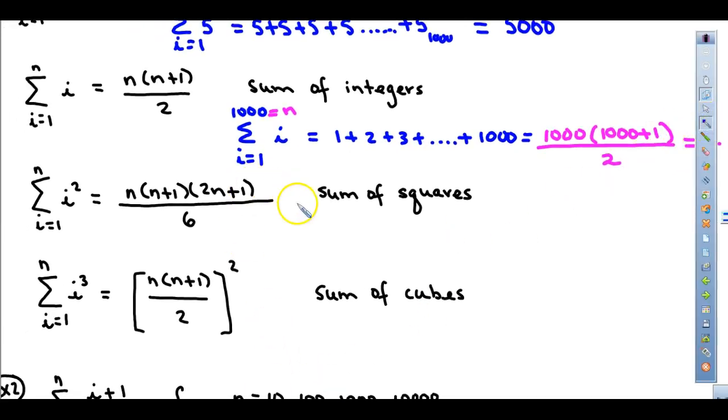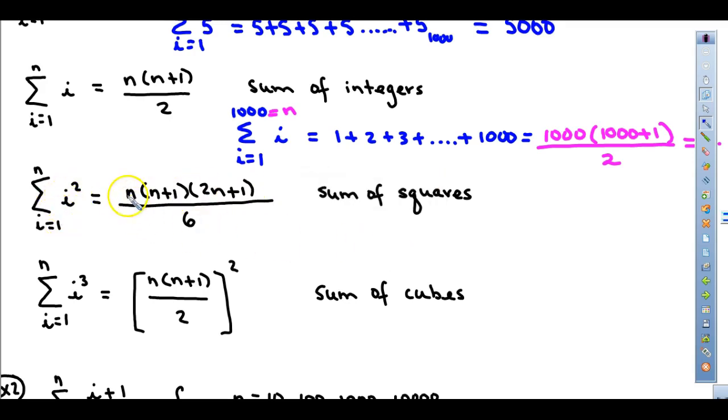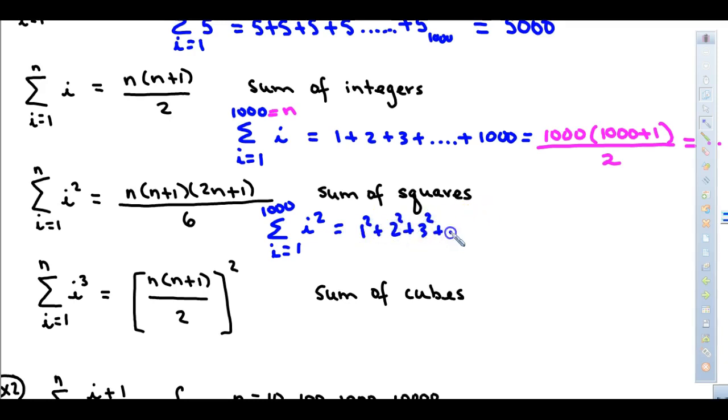What if you're going to do the sum of your squares? Same concept. Let's say you're going to do the summation as I goes from 1 to 1,000 of I squared. Well, that means 1 squared plus 2 squared plus 3 squared plus all the way up to 1,000 squared. You see these numbers are getting a lot bigger. So again, this is your n.